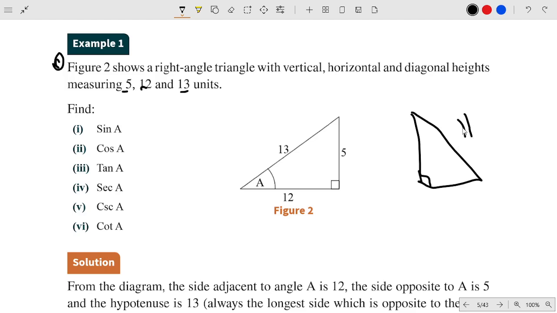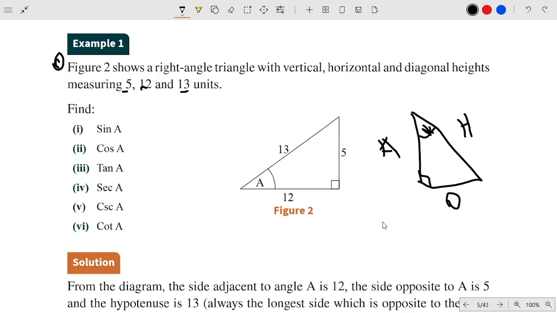So let's use H to represent that hypotenuse. Now if I have an angle alpha placed here, the side it is facing becomes the opposite. So let's use O to represent that. Then this side becomes the adjacent. Let's use A to represent that.